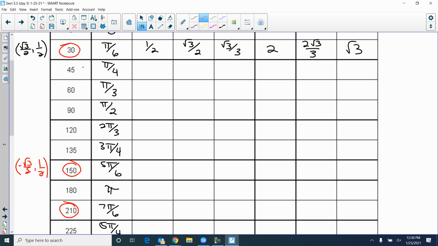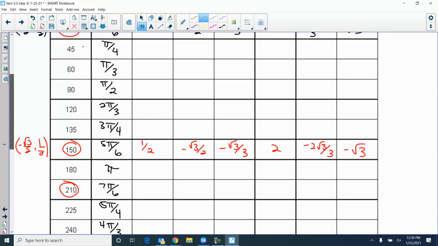Which ones are positive in quadrant 2? All students take calculus, it's with the S, so sine and its reciprocal, which is cosecant, are positive, so everything else is negative. So it's going to be positive 1/2, negative square root of 3 over 2, negative square root of 3 over 3, positive 2, negative 2 radical 3 over 3, and then negative square root of 3.